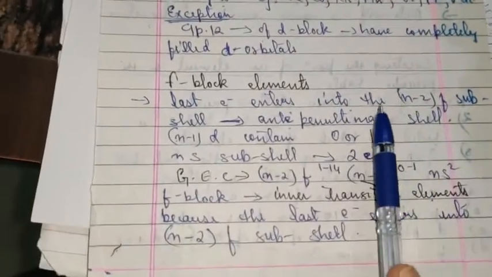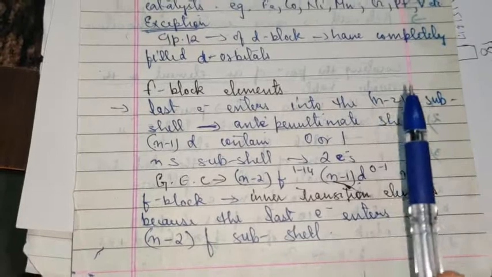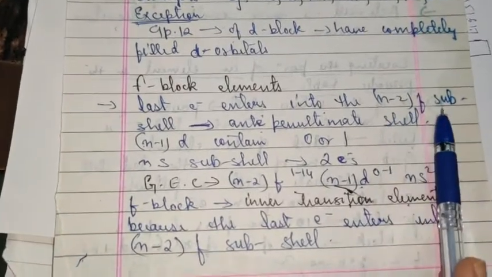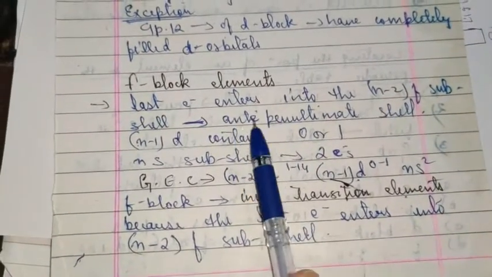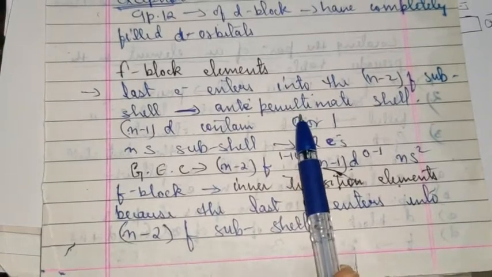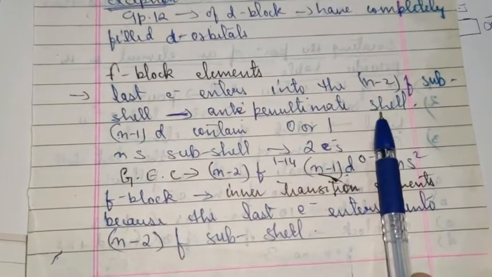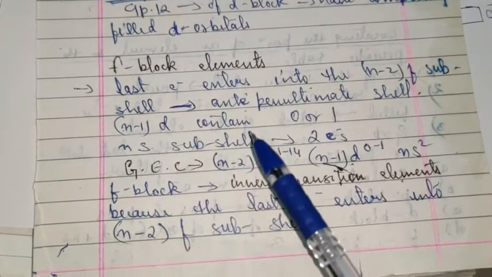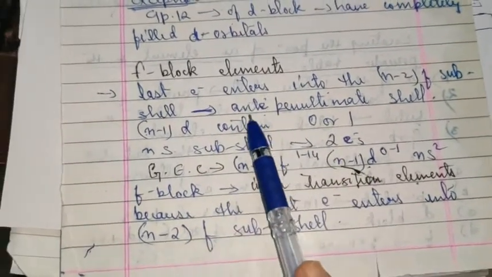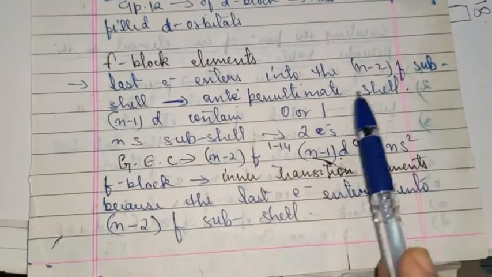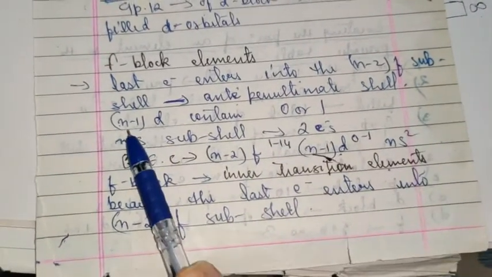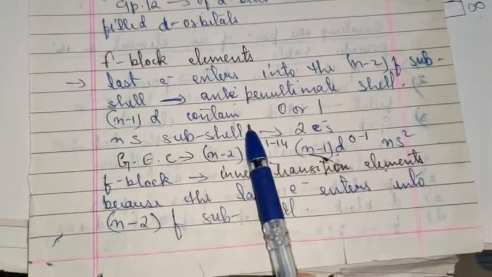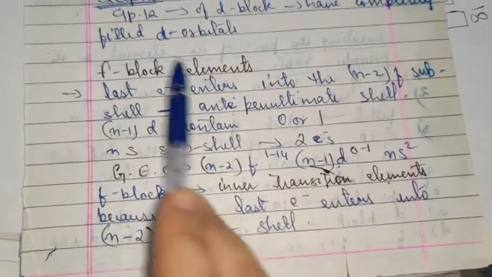In this, the last electron enters the third last shell, the f subshell, and this third last shell is known as the anti-penultimate shell. The outermost is known as the valence shell, the second last is known as the penultimate shell, and the third last is known as the anti-penultimate shell.